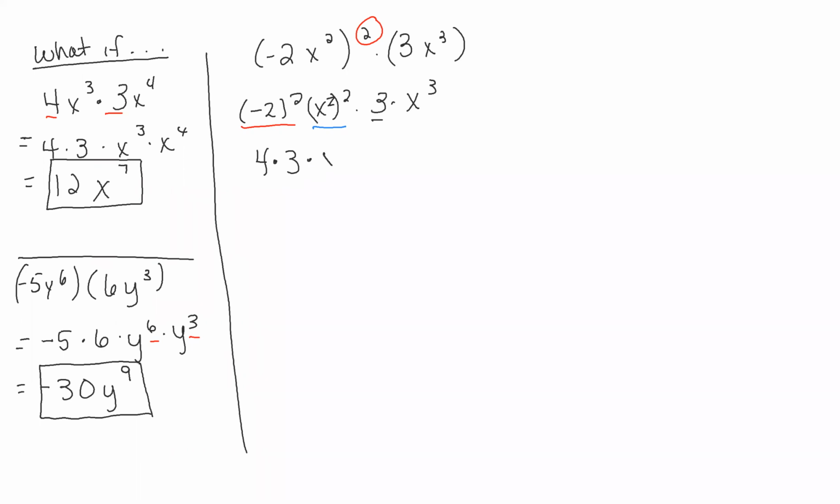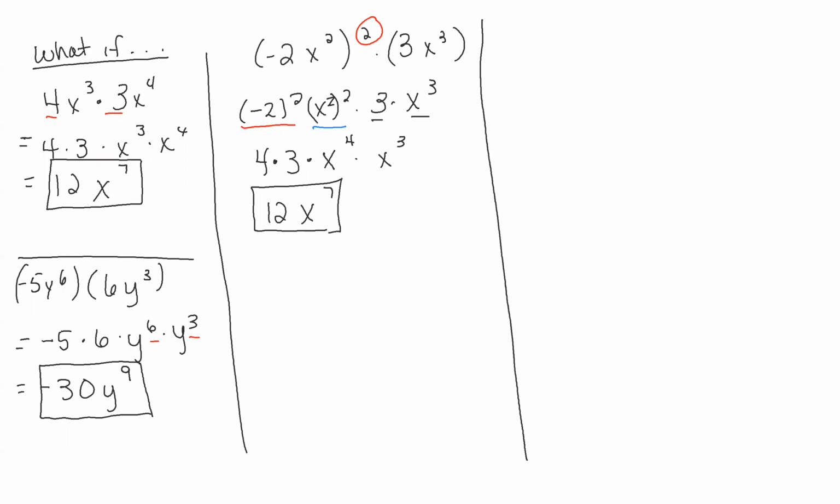I keep the initial base and I multiply the exponents. And then don't forget, we still had this x to the third in that other term. So I have 4 times 3, which is 12. And then I have x to the fourth times x to the third, which is the product rule. I'm multiplying two separate terms with the same base. So I keep the base and I add the exponents. So I get 12x to the 7th power. Okay.